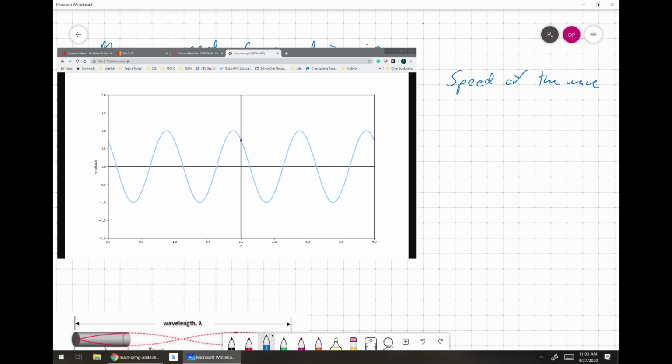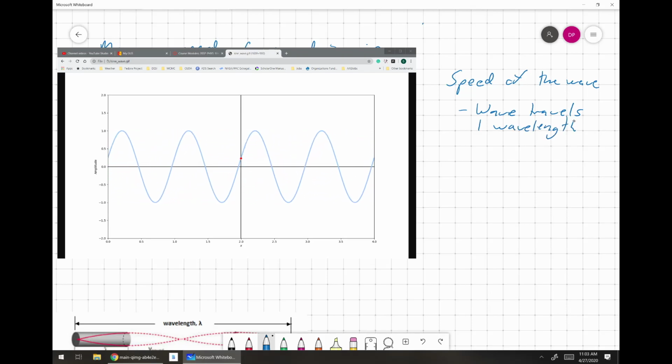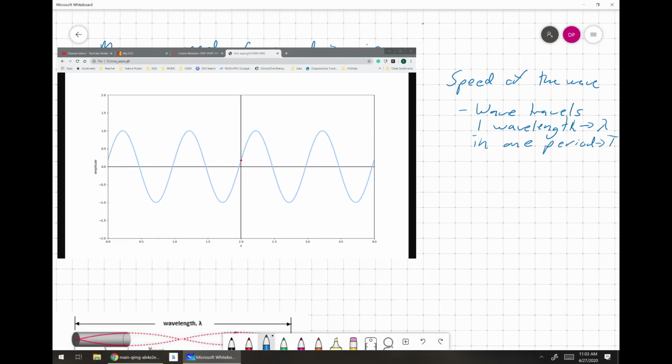And to get the speed of a wave, we can say the wave travels one wavelength, and we represent wavelength with the Greek letter lowercase lambda, in one period. And we use a capital T to represent period.